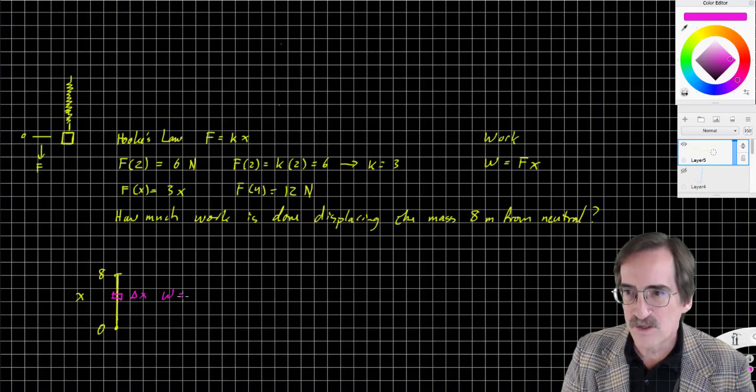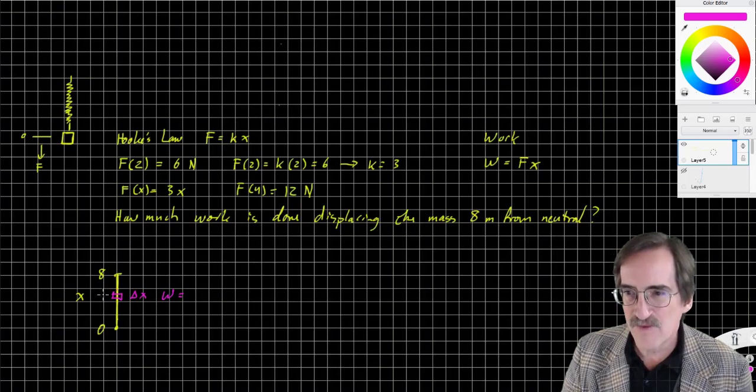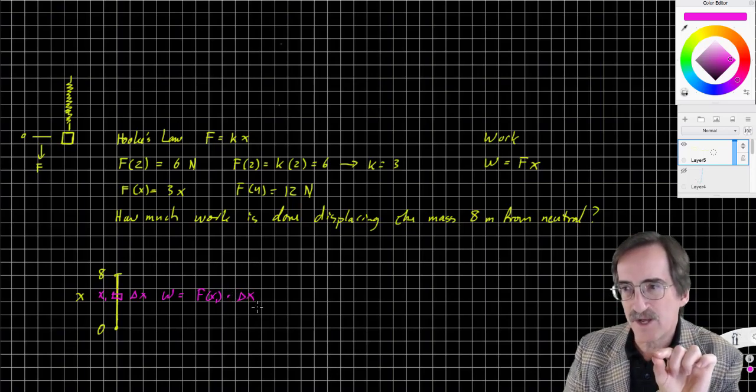The work done in that little slice is the amount of force at the x value, force dependent on x, whatever that x value is. Let's call this x1. So force at x1 times the little slice, delta x.